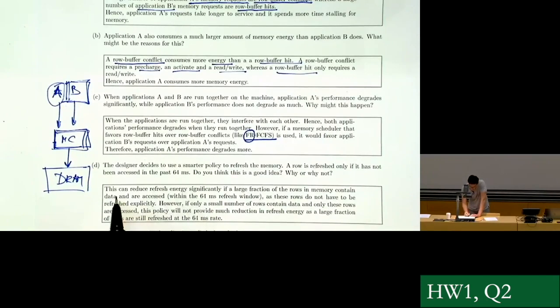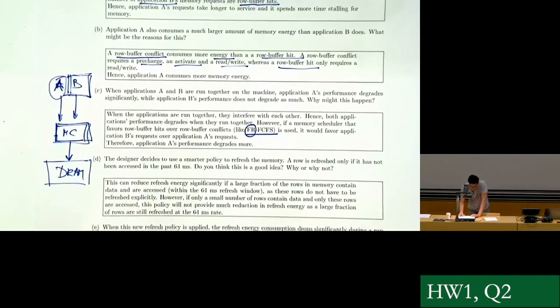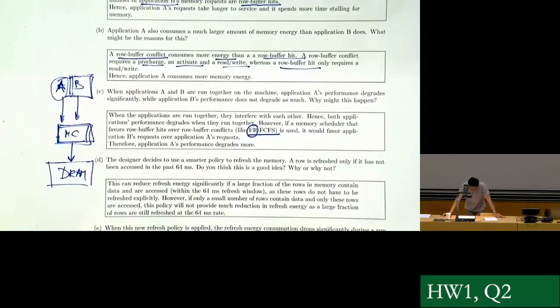Why or why not? Well, I think I just explained this. The answer says this can reduce refresh energy significantly if a large fraction of the rows in memory contain data and are accessed within the 64 millisecond refresh window, as these rows do not have to be refreshed explicitly. Okay?